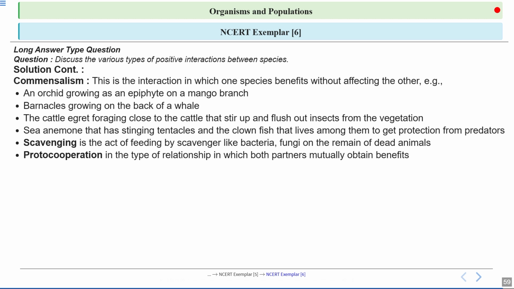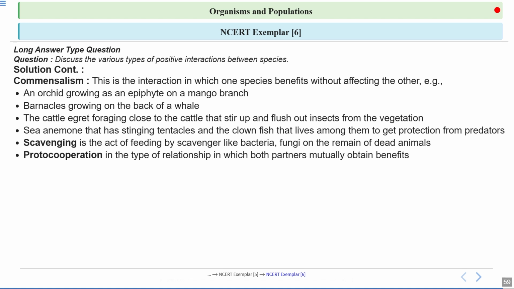Next is protocooperation. This is a type of relationship where both partners are benefited, but they don't depend on each other for survival. Clear? So in protocooperation, both the partners are benefited, but these two partners are not at all dependent on each other for survival.